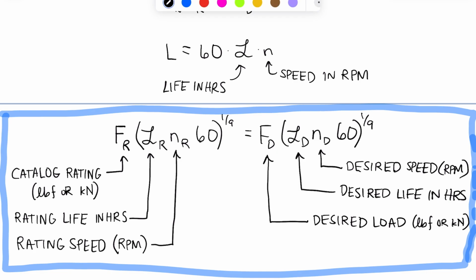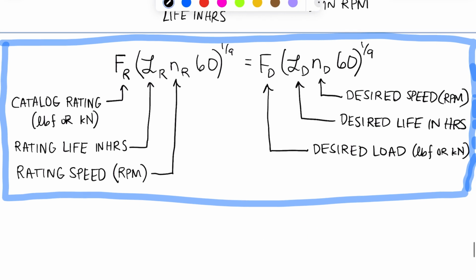Okay, this is a really important equation. That's why I boxed it in this big blue box. And we are going to use this equation time and time again in the rest of this course to convert from a catalog rating into a desired load rating, or vice versa.